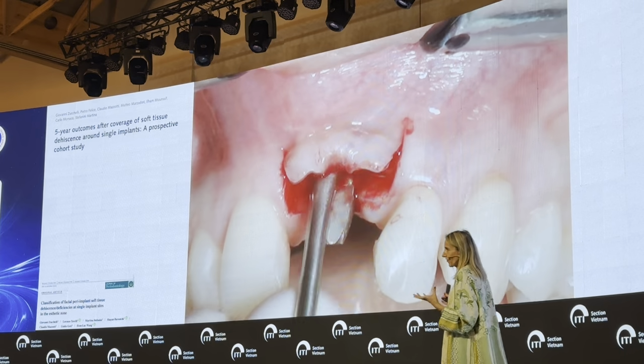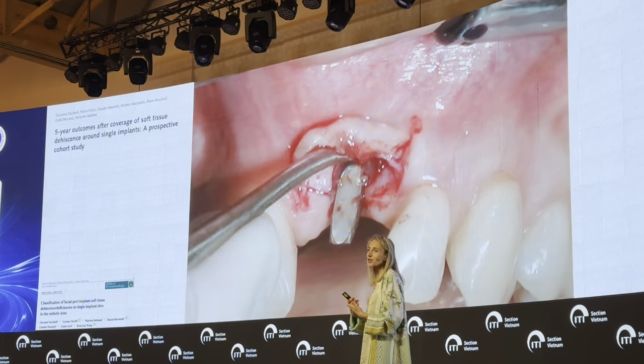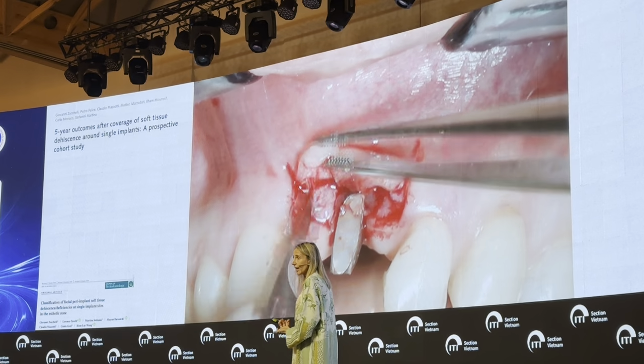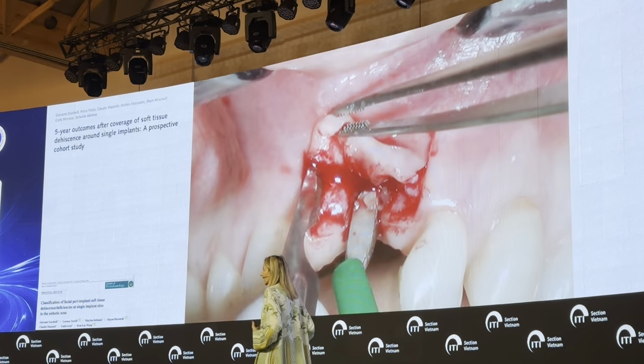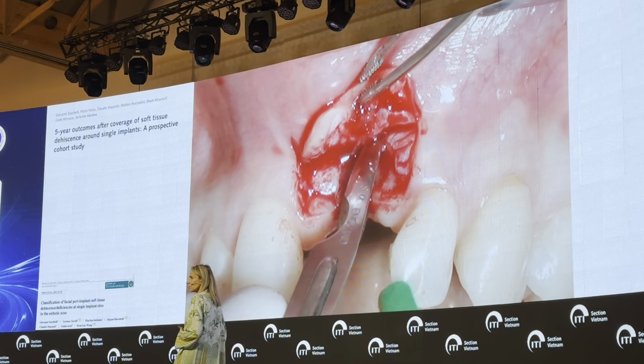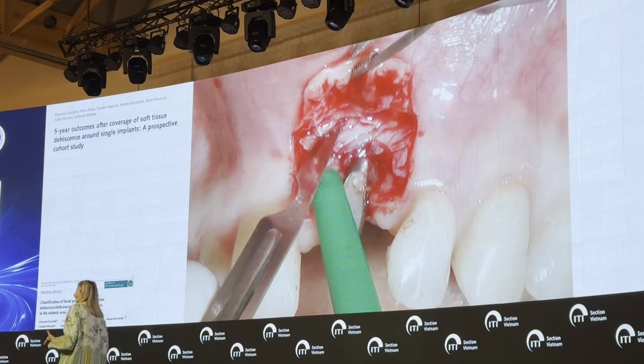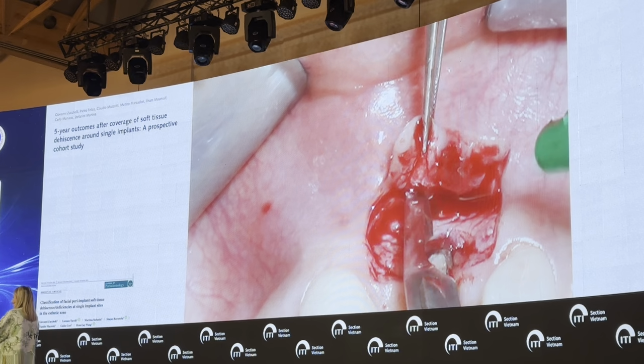I love vertical releasing incisions because, when performed in the proper way, they allow you to obtain a huge coronal advancement, allowing you to cover whatever you want without any problems in terms of vascular support.